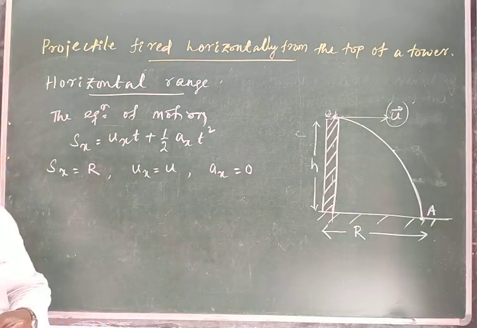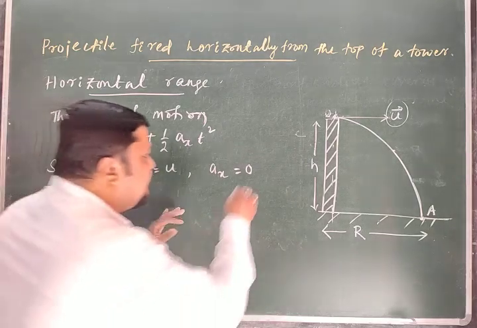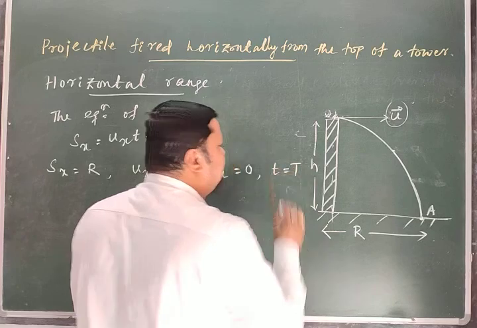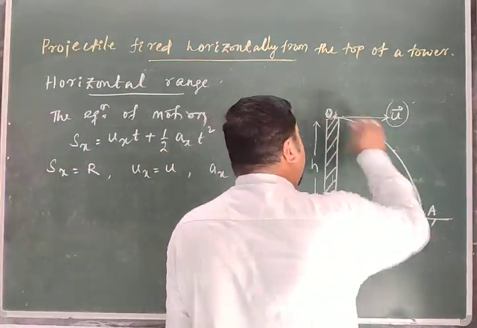And what is the time it has taken to reach here? Already you know that this T, capital T, is the time of flight to reach here. Already you derived this.